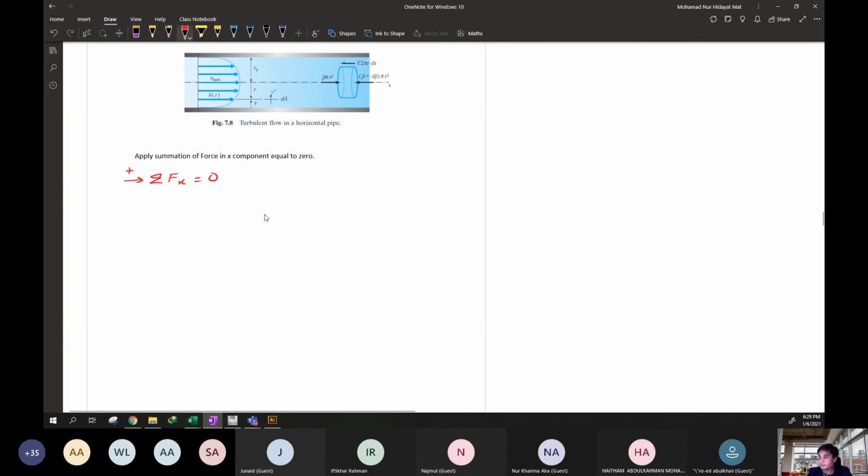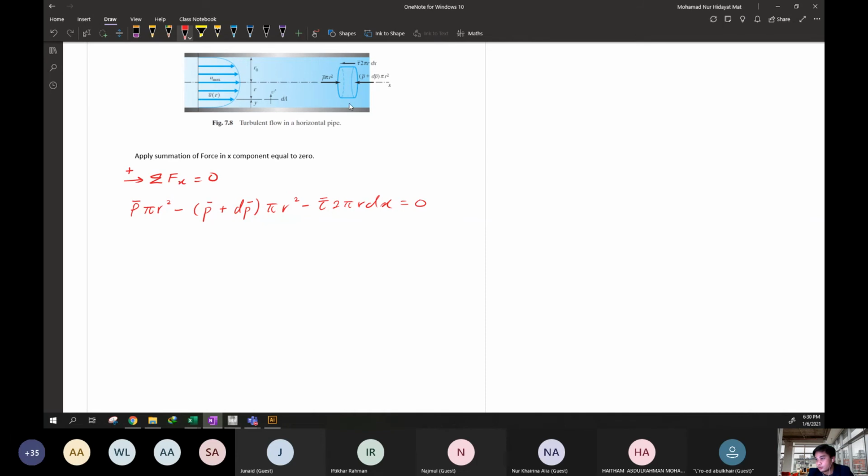Okay, so what are the forces here? We have P multiplied by the area, P multiplied by pi r squared. This is PA, a force, positive. And minus this one, the average, plus dP, pi r squared, and then minus tau 2 pi r dx equal to 0.